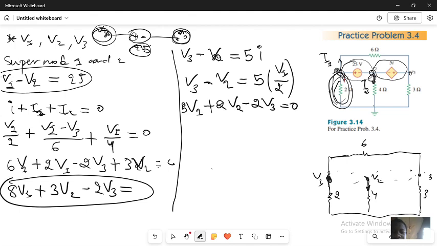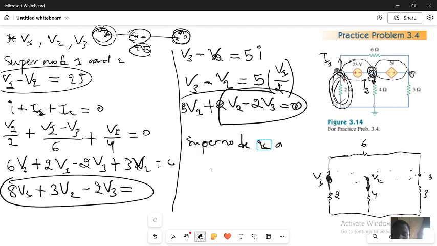Now let's see another equation. Now I have to come to the supernode of node 2 and 3. Now in this supernode, this current is entering this node, and there is no other current entering.